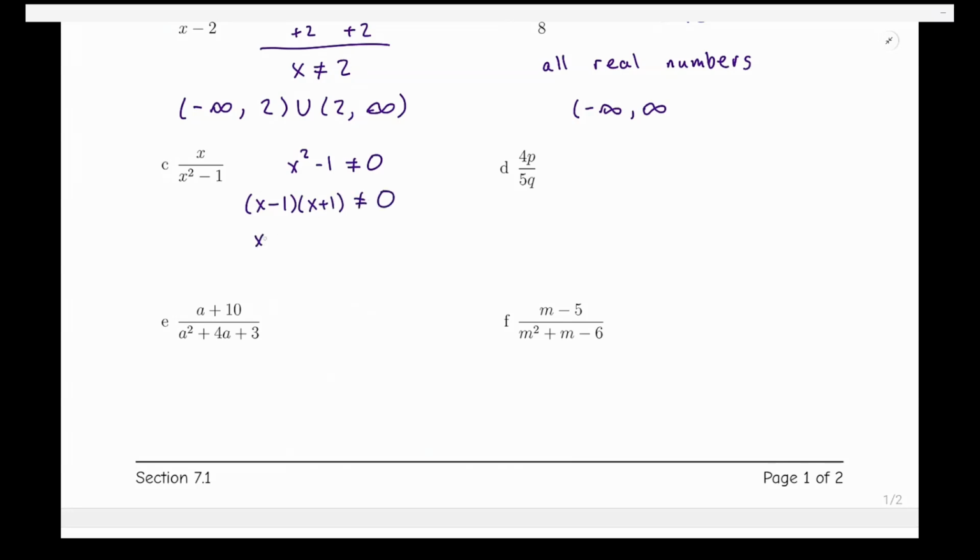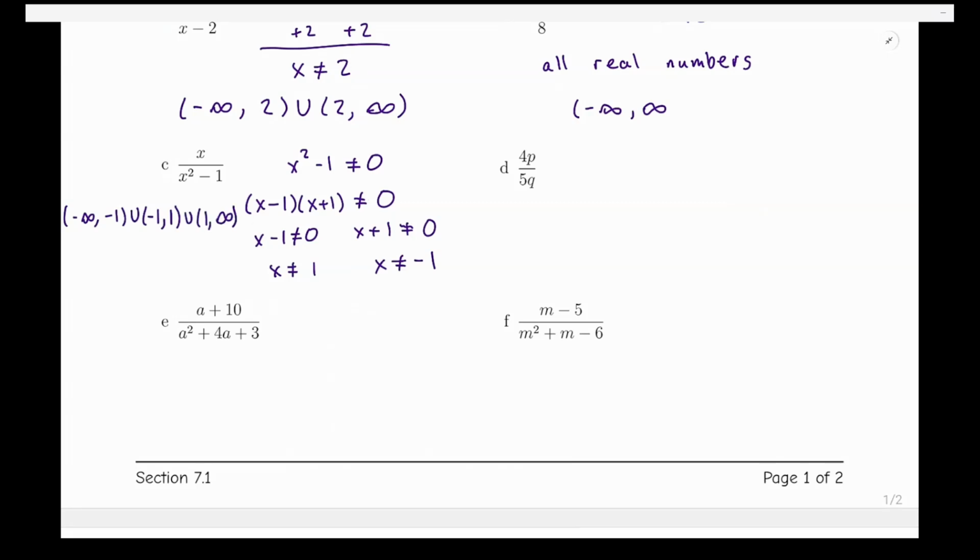Then we get x minus 1 cannot equal 0, and x plus 1 cannot equal 0. So x cannot equal 1, and x cannot equal negative 1. So there is inequality notation. Interval notation would be negative infinity to negative 1, union negative 1 to 1, union 1 to infinity.